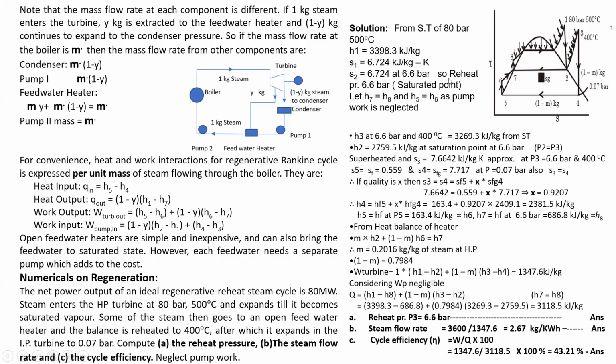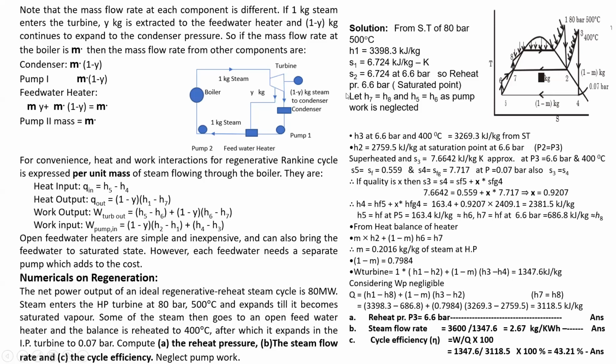So the reheat pressure, you can see it is saturated, it is given. At saturated pressure, the two conditions are known, saturated and entropy. At entropy 6.724, if you know the value of Sg, we can find out the pressure. So the pressure directly from the steam table is 6.6 bar. This is the first answer.